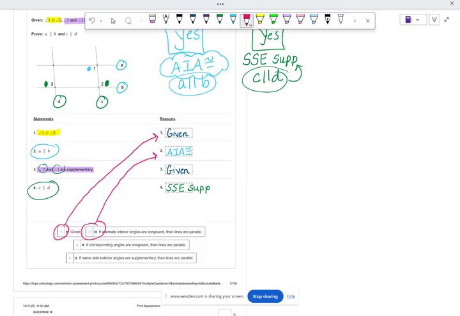Number 3, given. Yep. And finally, number 4, same side exterior angles are supplementary. That was one of the reasons that were given. So we have our entire proof completed. All of our reasons were available in the answer choice options. So we are finished with the proof and ready to move on.